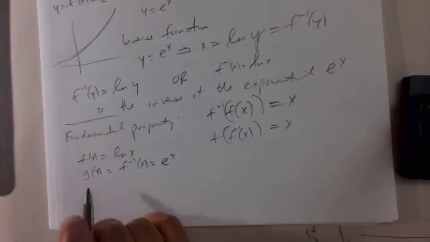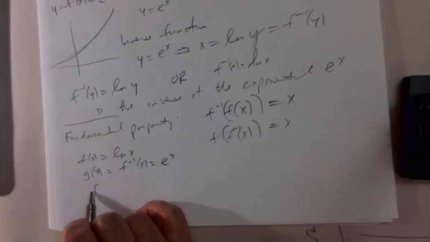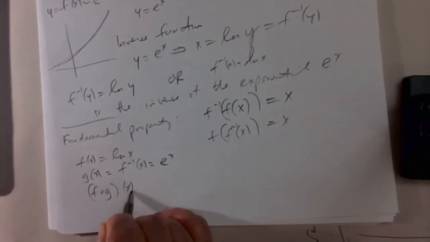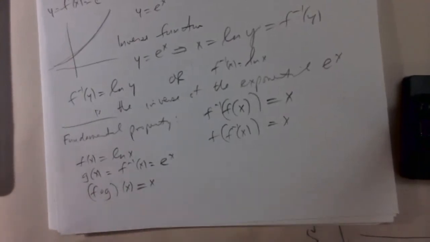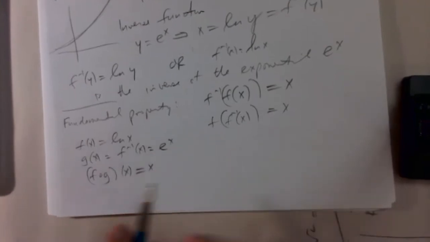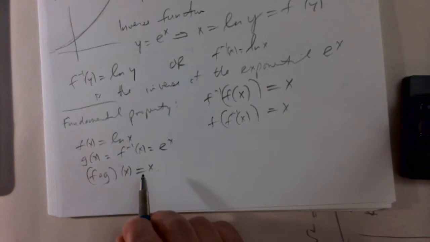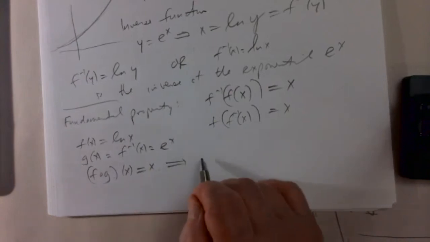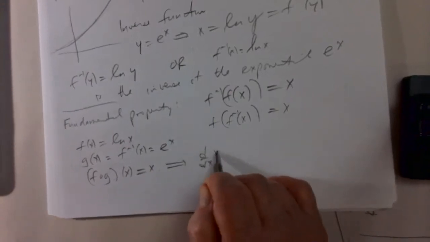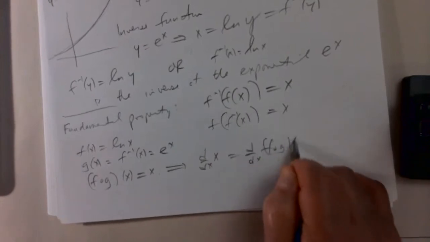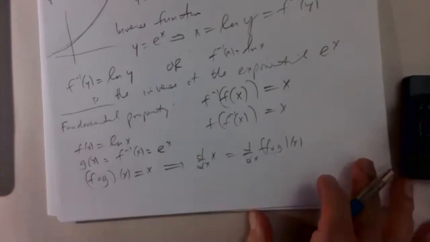And what we know is that f composed with g of x is equal to x. A function composed with its inverse is the identity. So if we differentiate with respect to x, this is what we get.